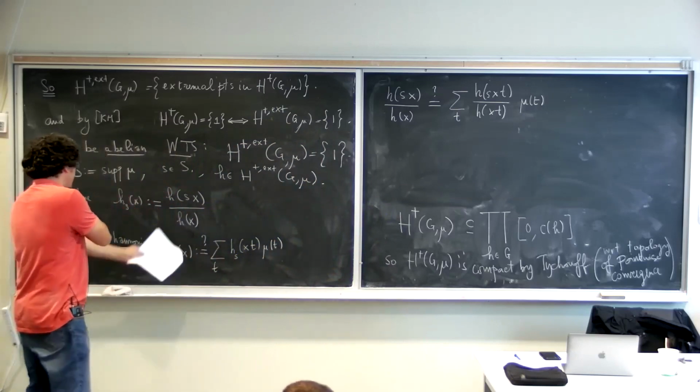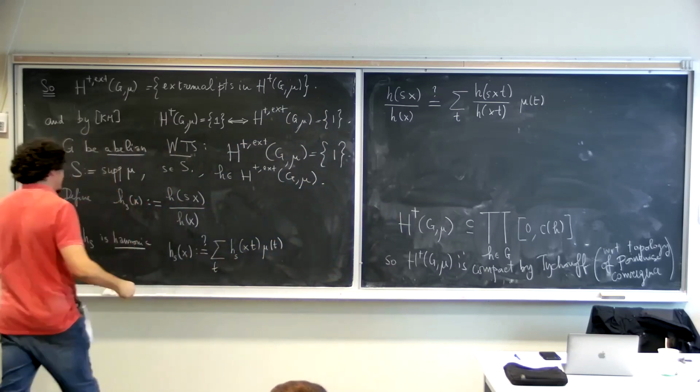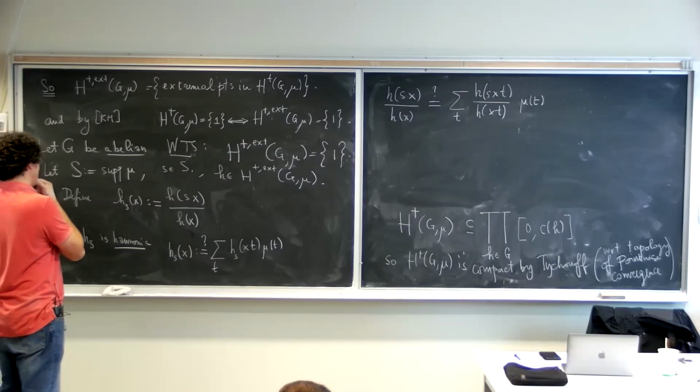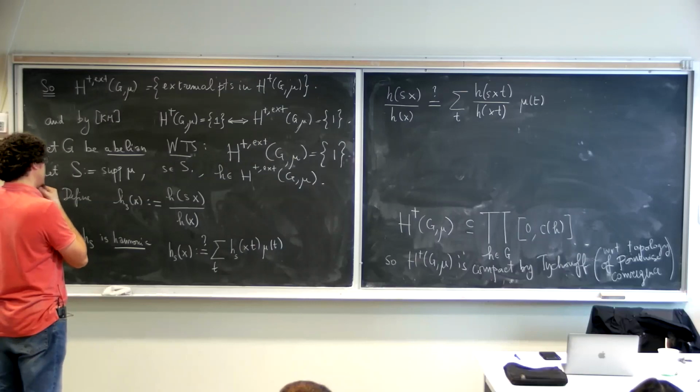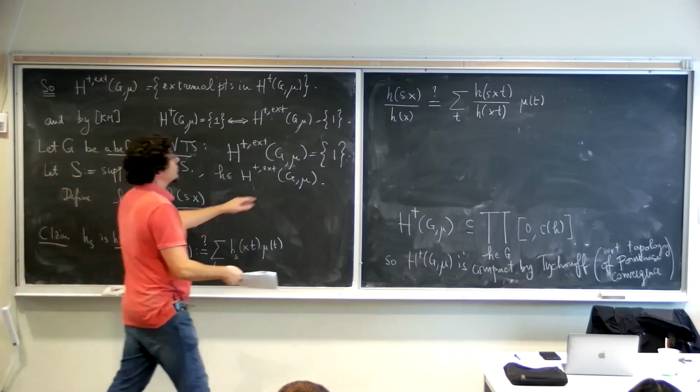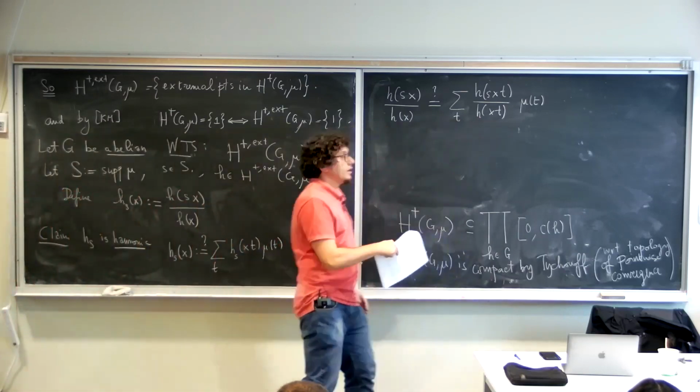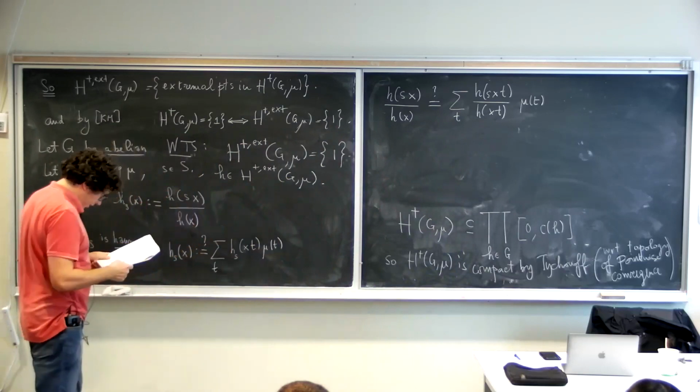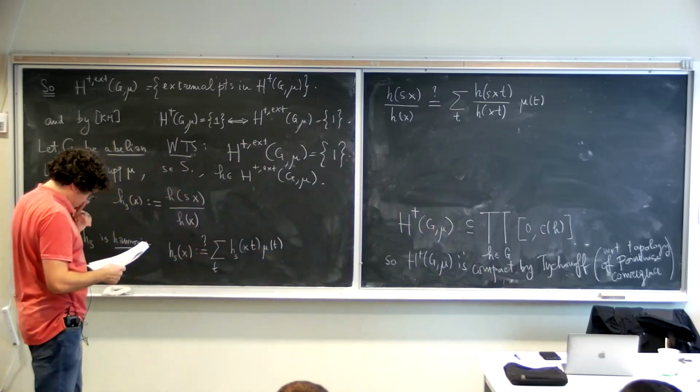I'm really confused. If we divide by H of S, we could do that, but let's just divide it by a constant, then of course this would be true, but then this would be just divided by a constant. So let's see.